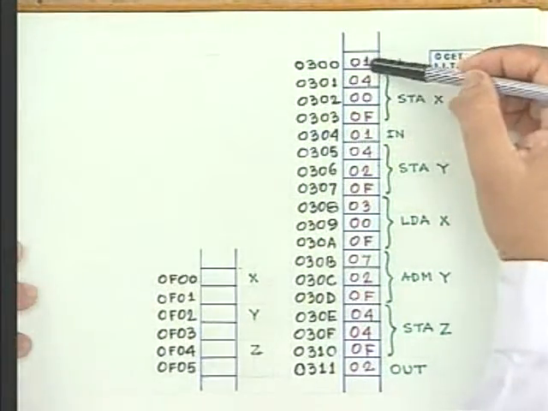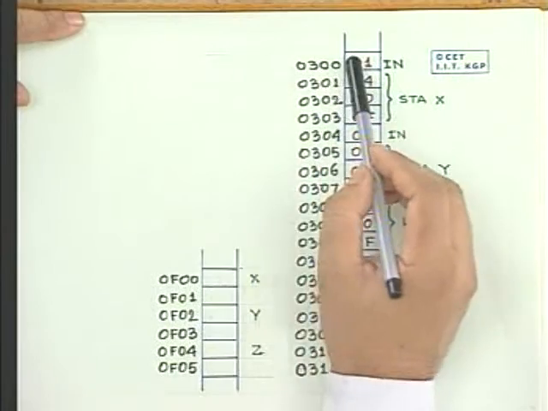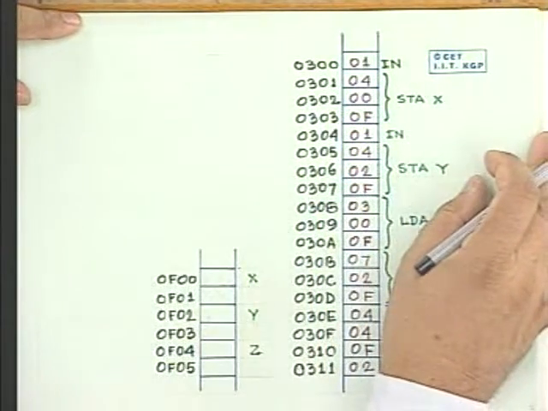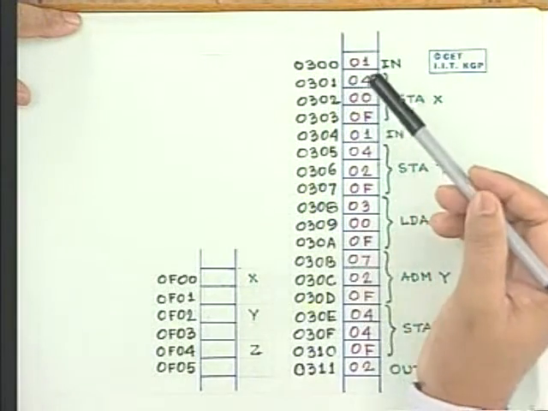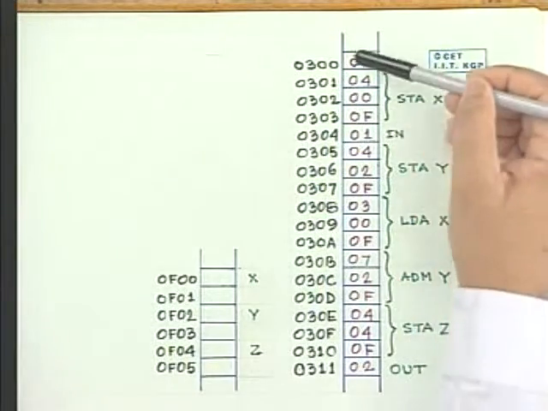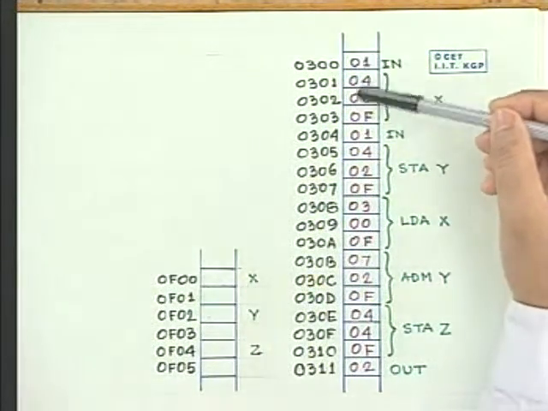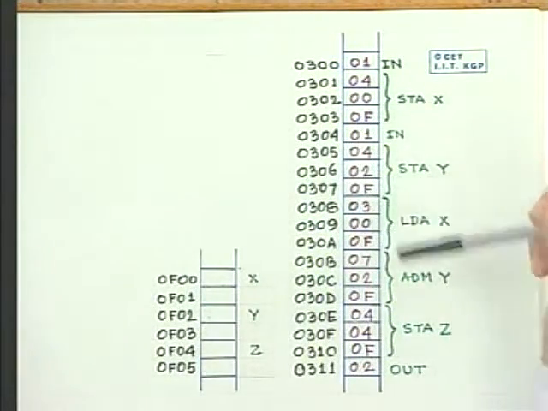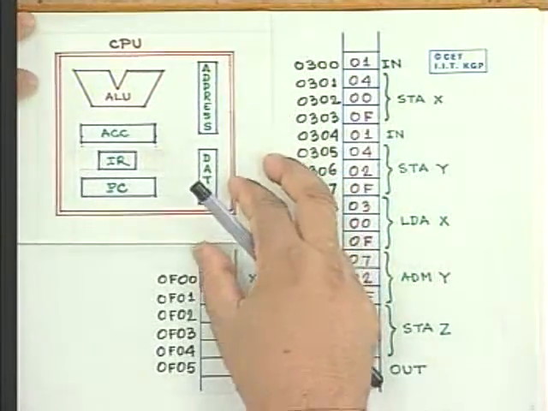Now, once these instructions have been loaded, which will be loaded by means of a loader from possibly the secondary storage, floppy disk or hard disk, as you know, and once they are in the memory, the computer will start executing this program. Let us see how the computer starts executing this program.